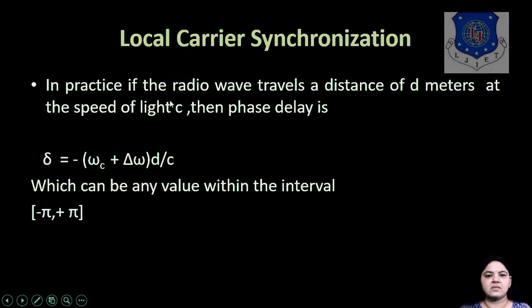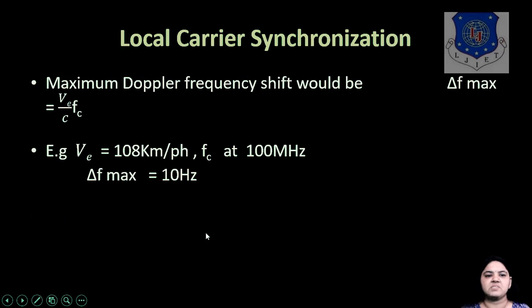In practice, if the radio wave travels a distance of d meters at the speed of light c, the phase delay delta is equal to minus (omega_c + delta omega) times d divided by c. The value of this phase is between minus pi and plus pi.